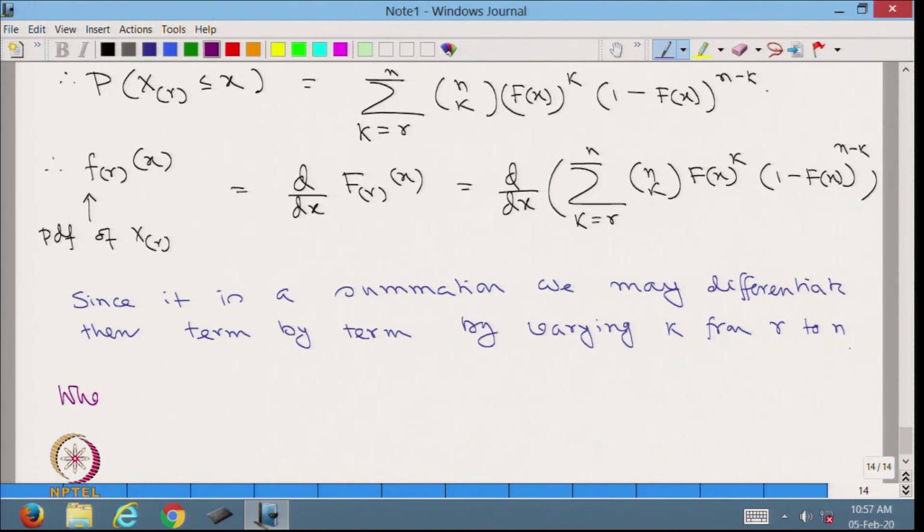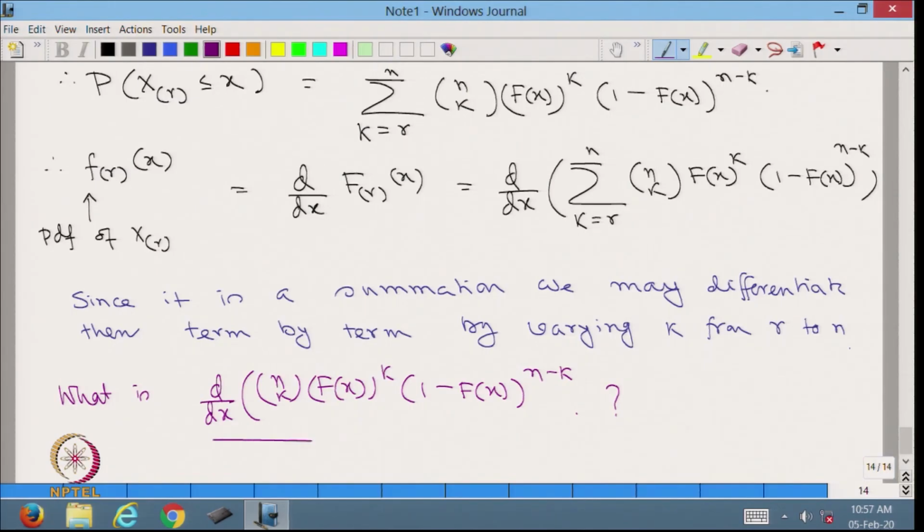So, what is d/dx of n C k F(x)^k (1 minus F(x))^(n minus k)?